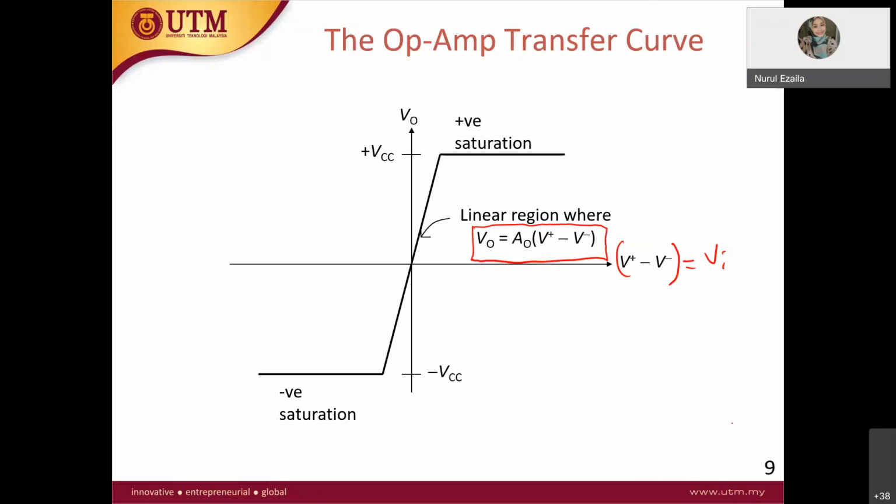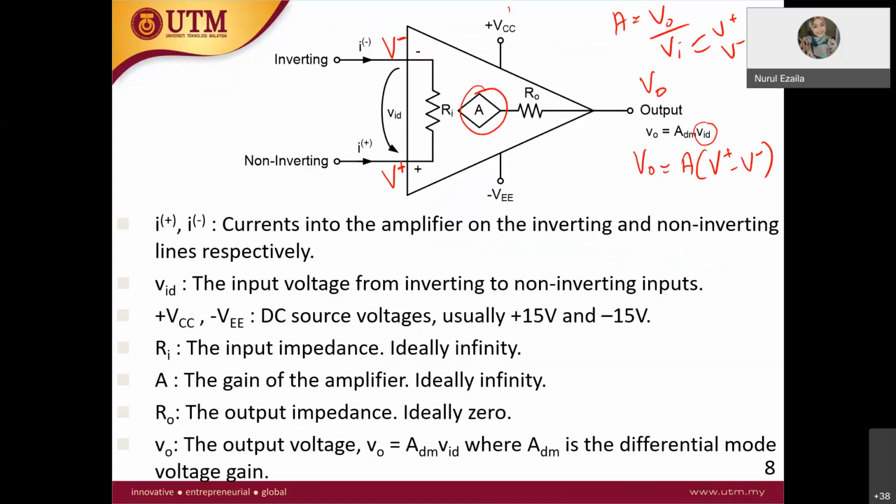But the op-amp characteristic, since it is linearly dependent, it has a limit. For how much will it be linearly dependent? It has a saturation point. The saturation point is determined by how much voltage supply is applied.